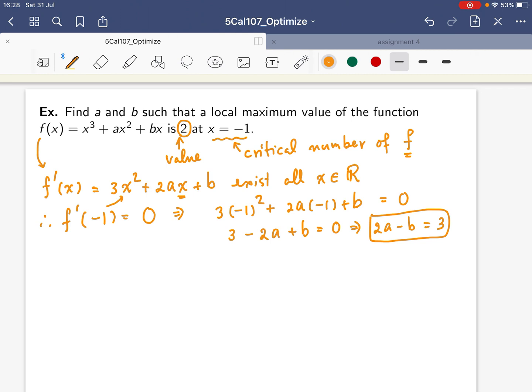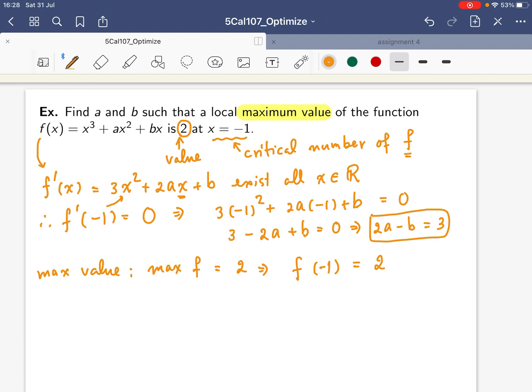So look at another one. It's saying that the maximum value of a function f is 2, right? So it means that your f at some point will be equal to 2. At which point is the maximum achieved?